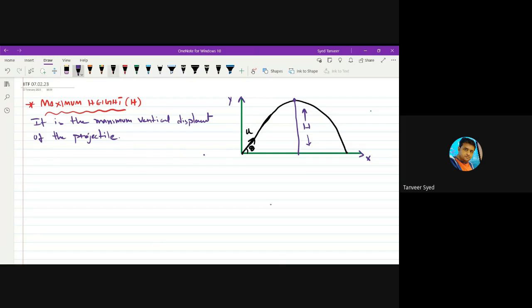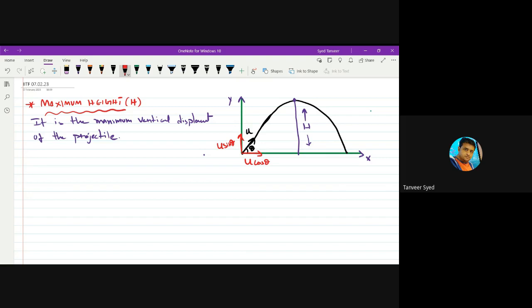You are throwing it with velocity u, making angle theta. Then this will be horizontal velocity, this will be vertical velocity. U cos theta, u sin theta. Yesterday we discussed in detail what happens to each component. U cos theta does not change with time. It remains constant. U sin theta changes with time. First decreases, becomes zero, then increases in the opposite direction.